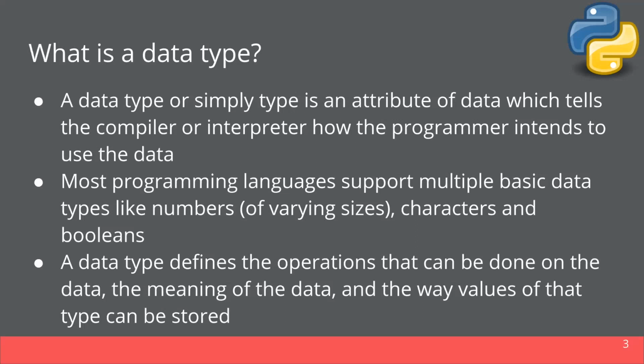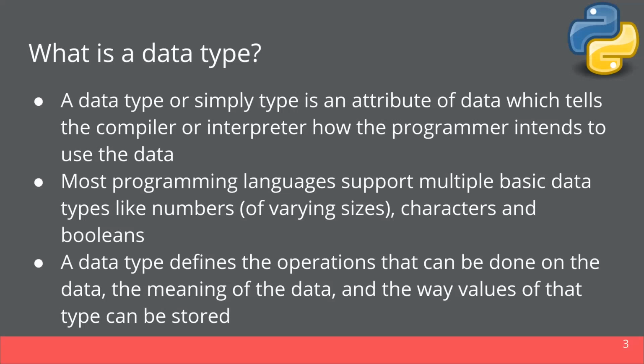A way to think about this in the back of your mind is, if you had some words and some numbers, you can't really add those together. You treat them differently. Adding two words together is different from adding two numbers together. If you add two numbers together, you get a different number. If you add two words together, you just get two words together.